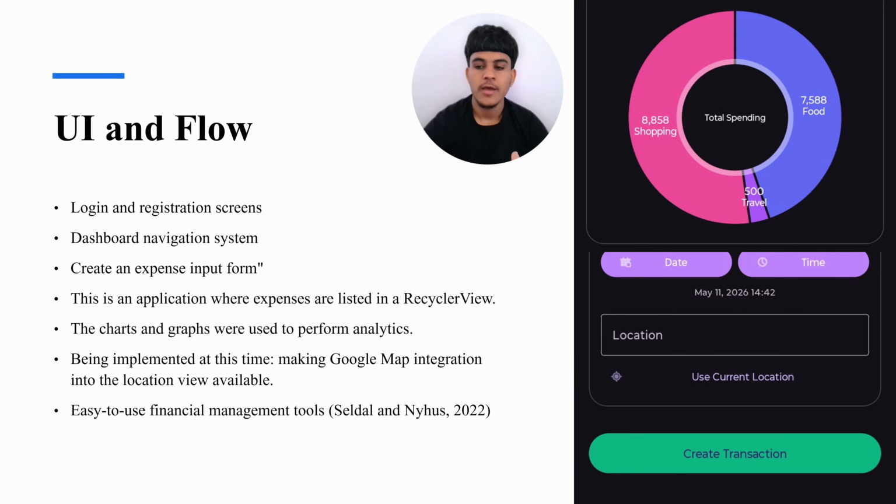The analytics screen displays graphs for users to review and learn where they are spending money. Expense location is displayed with Google Maps, and the interface is straightforward, simple, and easy to use. Financial management tools are included in this application, so there is no need to worry about that.